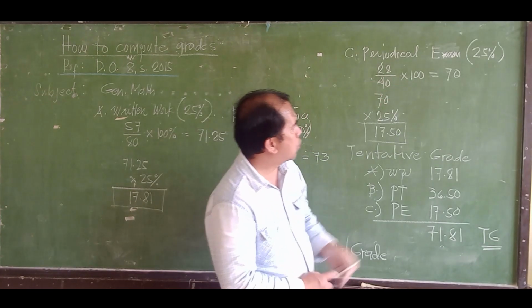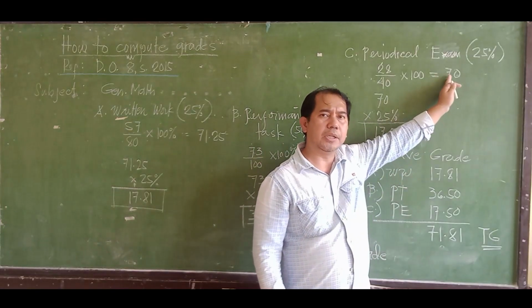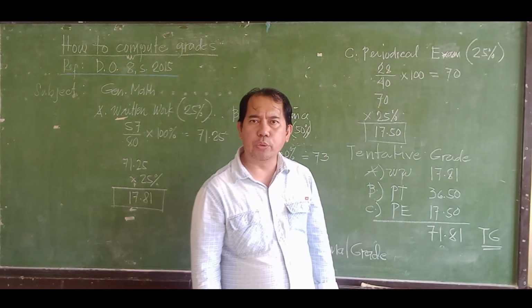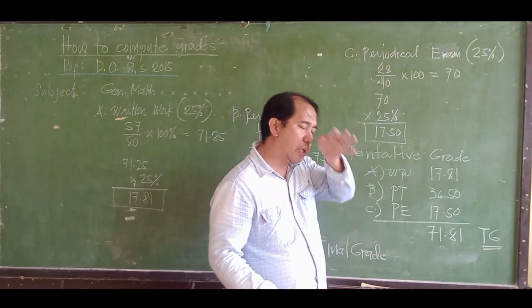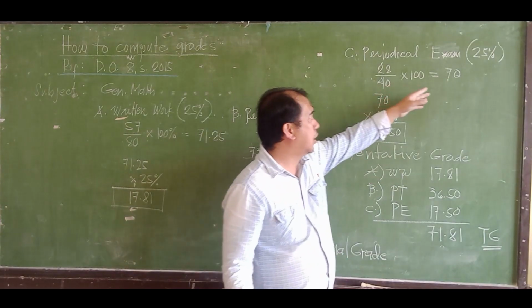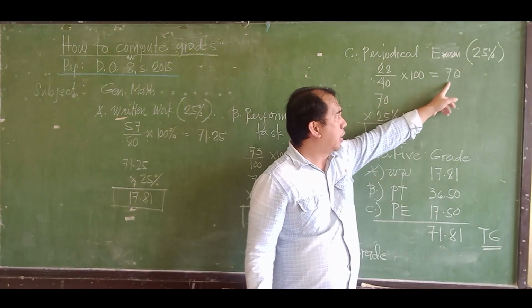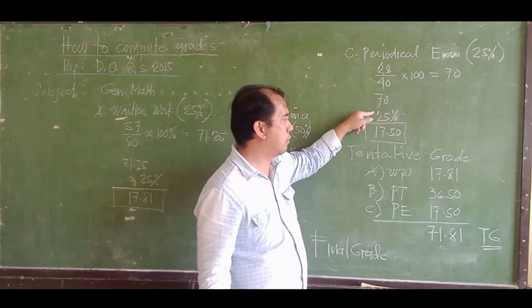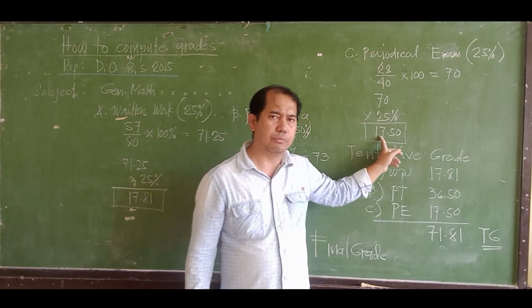And so this one is your actual grade in the periodical exam. But what are we going to do? We have to get its 25%. So that is 70 multiplied by 25%, it will give you 17.50.